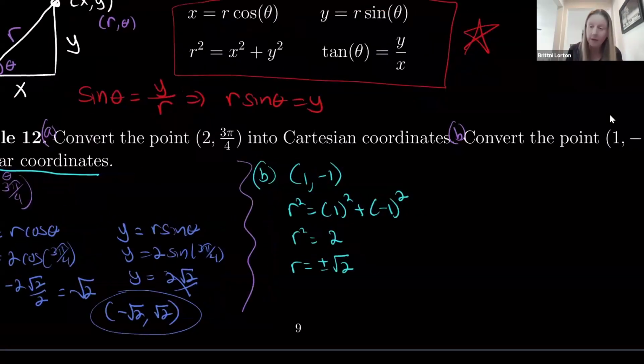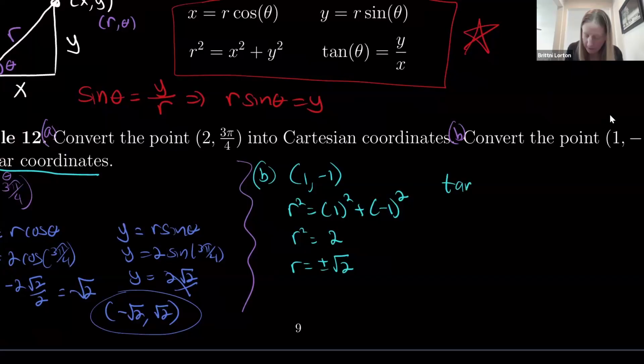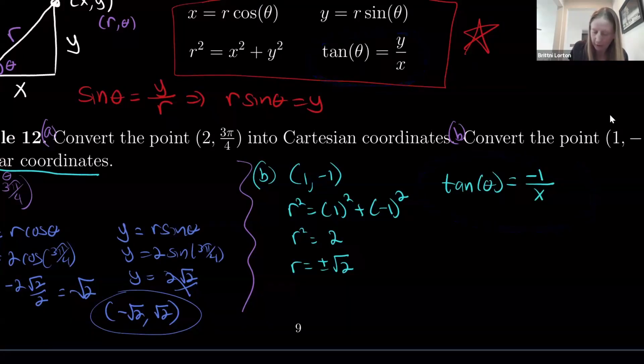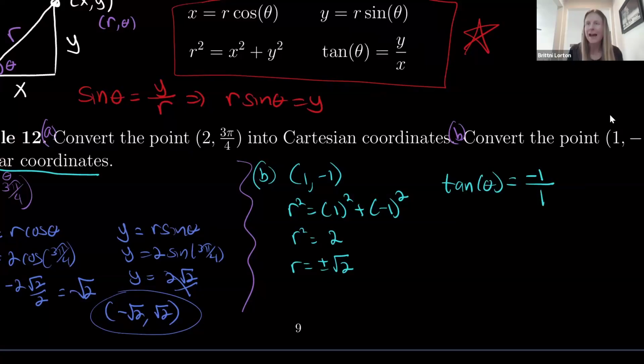Now I'm going to do the tangent of theta. Tangent of theta is y over x, but my y is -1 and my x is 1. And then you have to just do a little yoga for the brain. Really not yoga for the brain, you should know your unit circle.